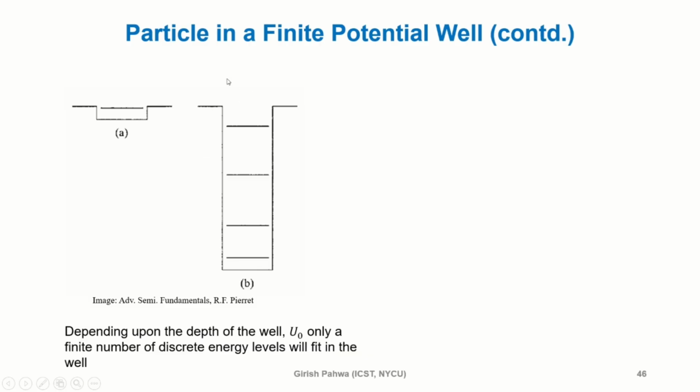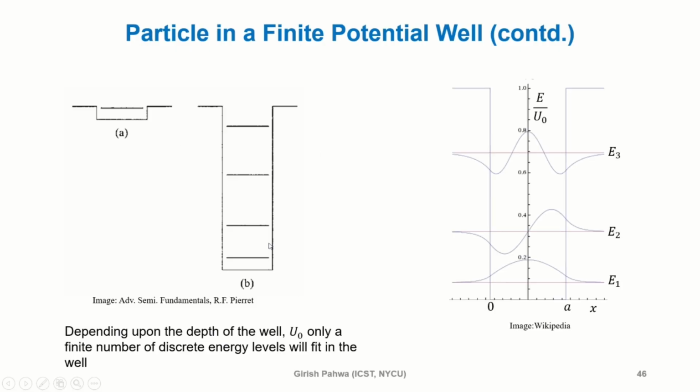There can be solutions which are outside the well, but we are not talking about those. We are talking about the solutions for which E is less than this U naught. Inside the well only 4 will fit for this particular case. Similarly, if you keep increasing the depth of the well, more solutions will fit inside the well.